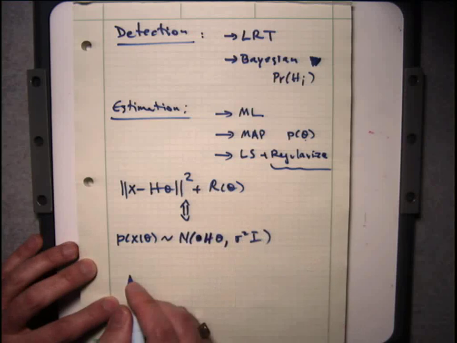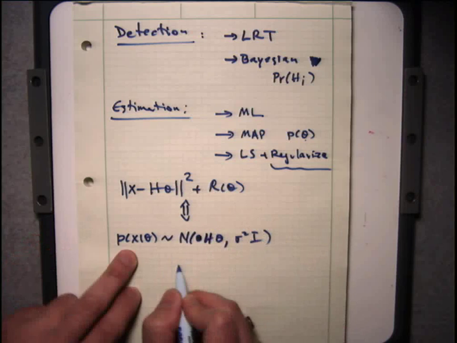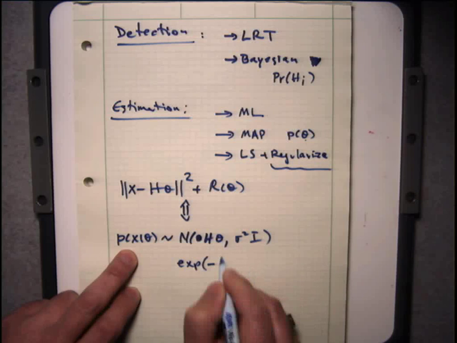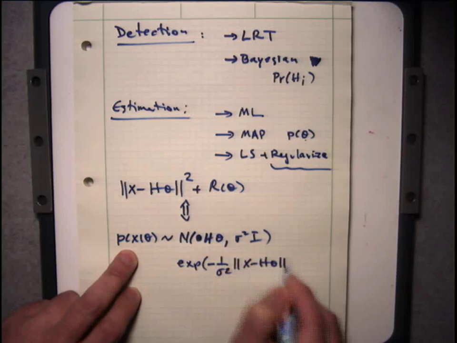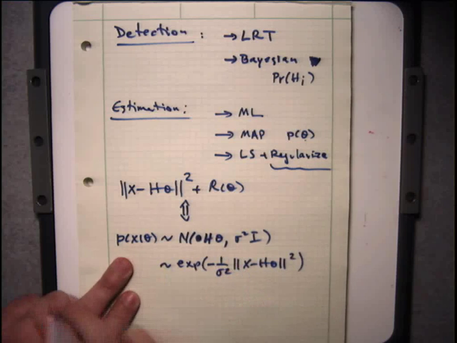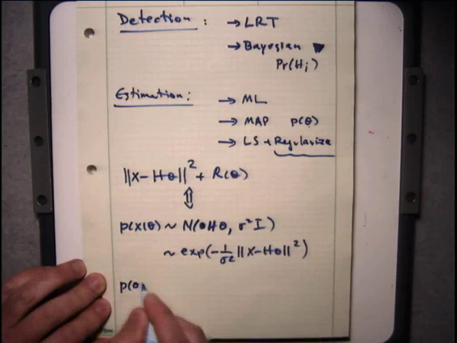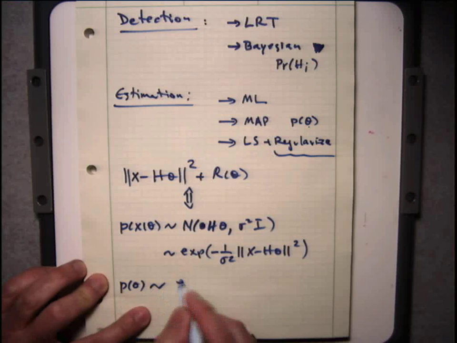If this is the case, then this is going to look like some exponential times minus 1 over sigma squared times the norm of x minus h theta squared. Right? This is going to be proportional to something like this. And suppose I now assume that P of theta also has a distribution which looks like this. It's the exponential of minus R of theta.